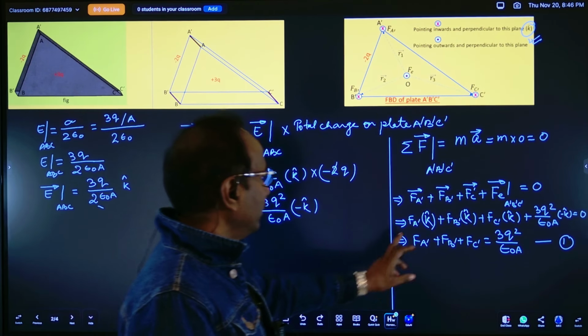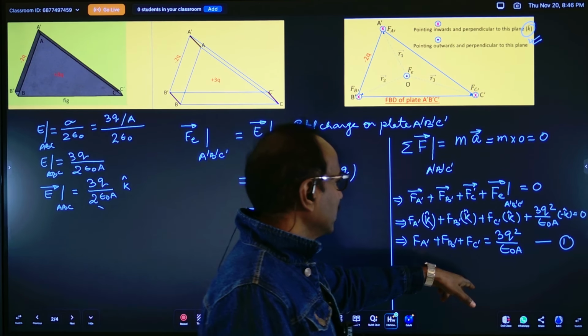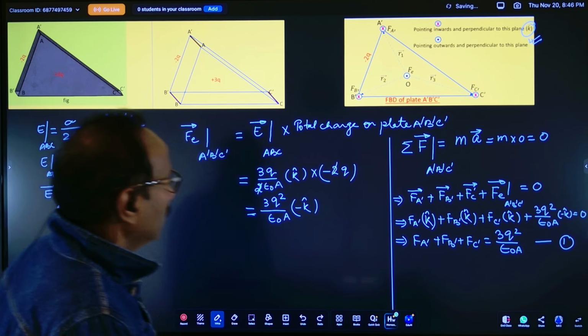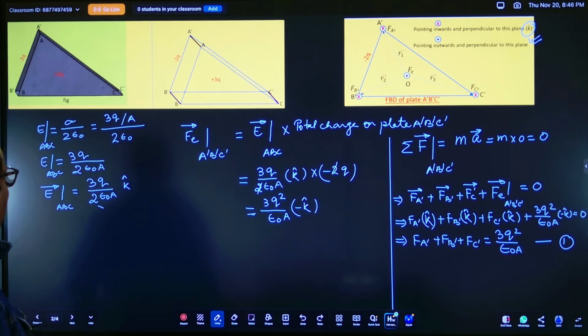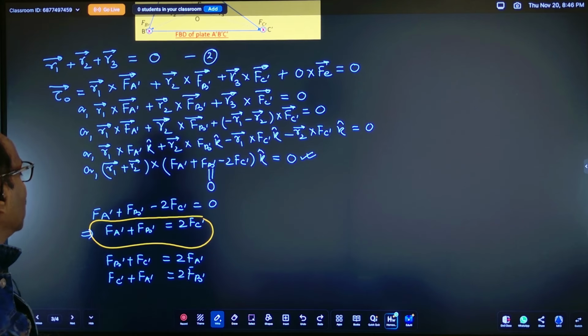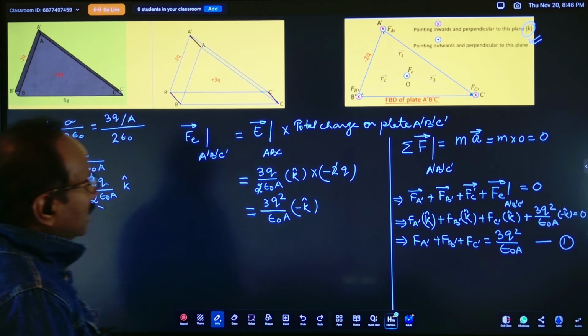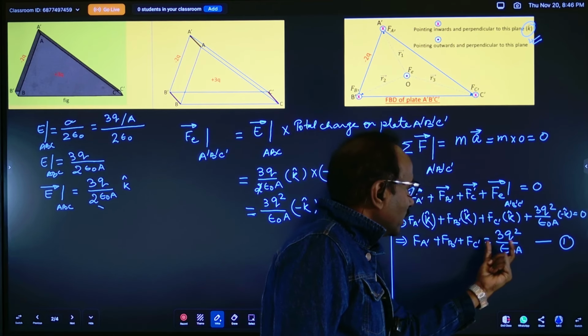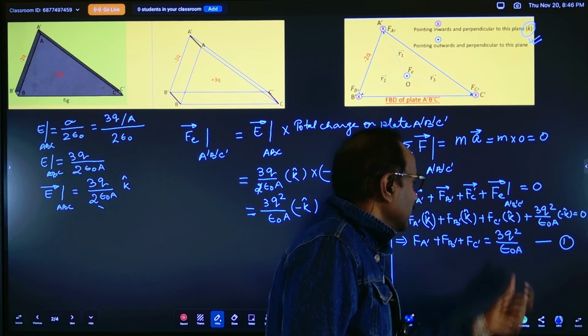Here you have Fa prime plus Fb prime plus Fc prime as this much. So to solve, you can put Fa prime plus Fb prime in terms of 3q square by epsilon naught A minus Fc prime.